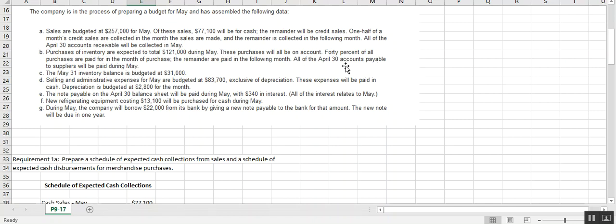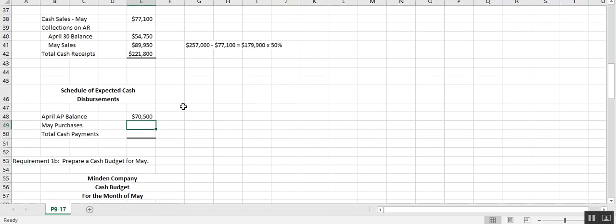And then here's all of the April accounts payable paid during May, so we already got that part. So 40% of $121,000. So let's go down here. This is $121,000 times 40%. Oops. Try that again.